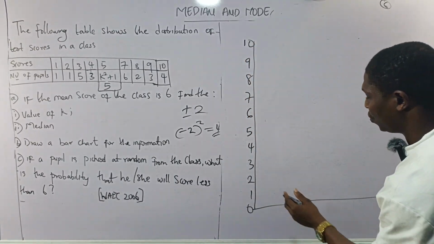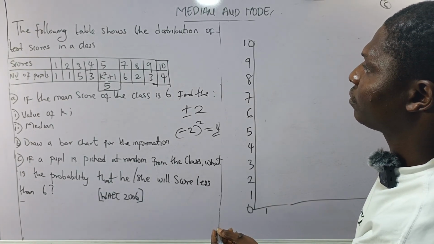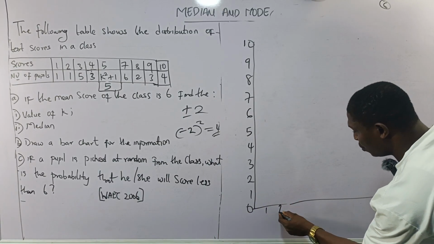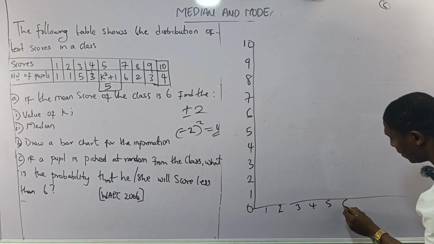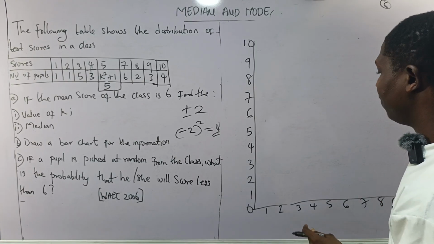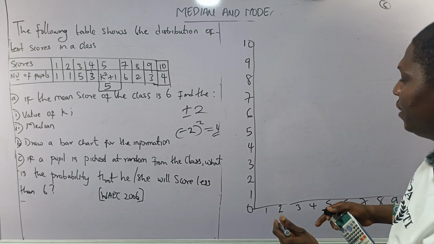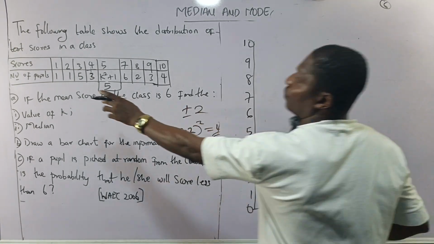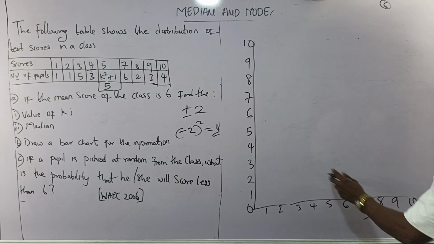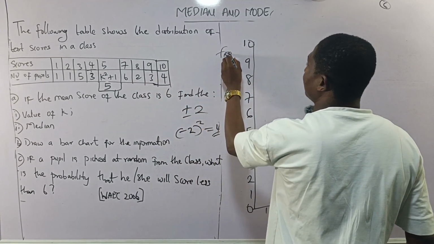For our scores, we have 1, 2, 3, 4, 5, 6, 7, 8, 9, and 10. Remember, the space between the bars must be uniform. This is my scores, and this is frequency, which represents the number of students.